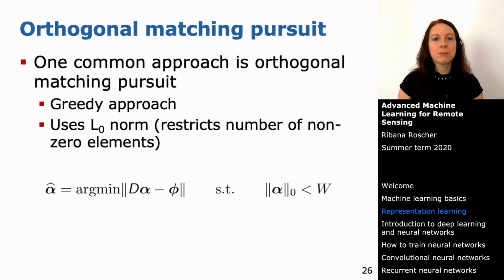Orthogonal matching pursuit is one common approach, and it's a greedy approach. A greedy approach means that you do not find a global solution by just solving an optimization problem. It's more like you go step by step, a little bit like pathfinding. You don't see your overall goal, so you don't know what the perfect path is. But you know in which direction it is good to take a next step.